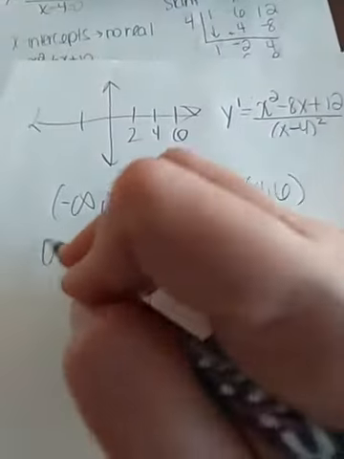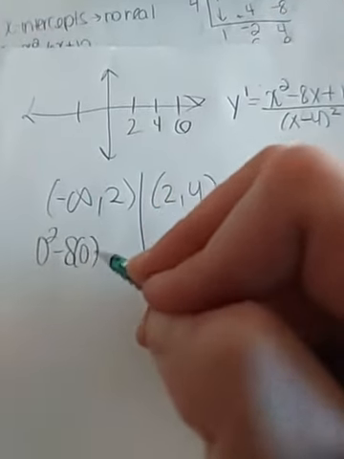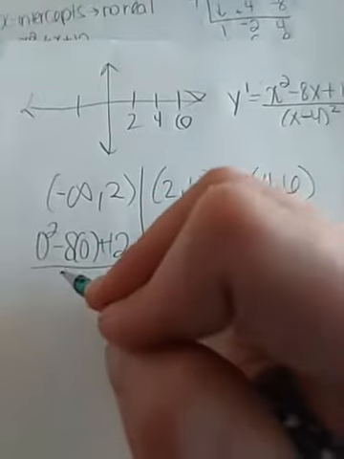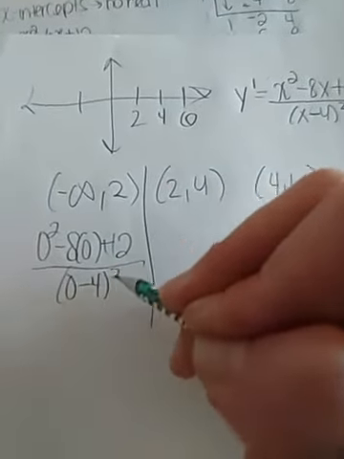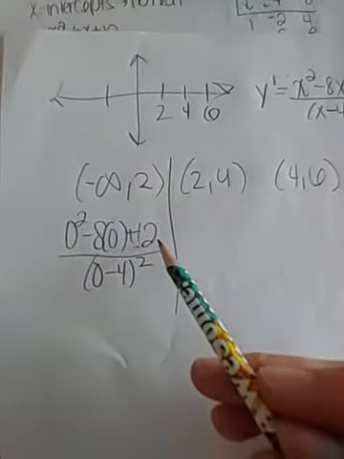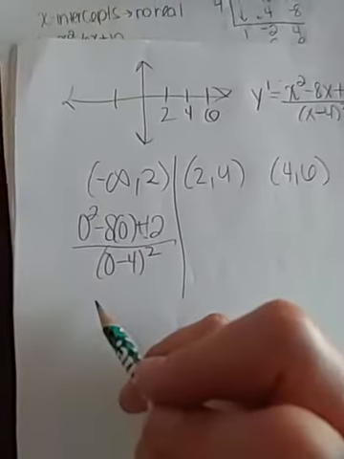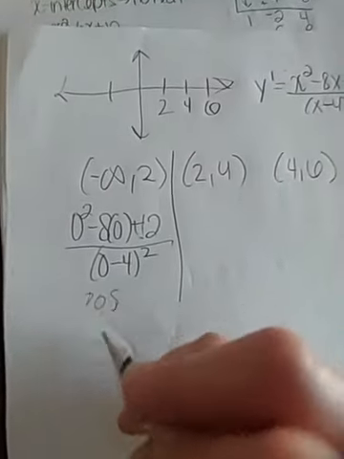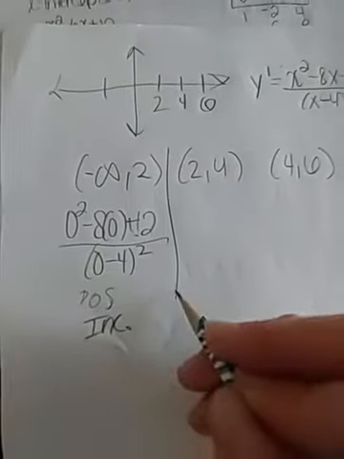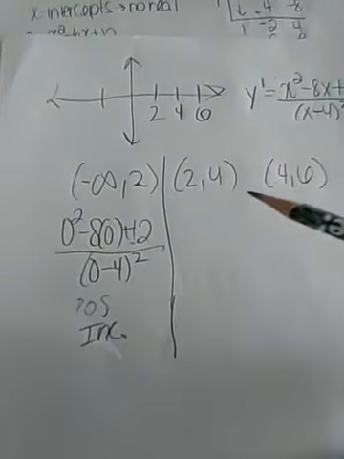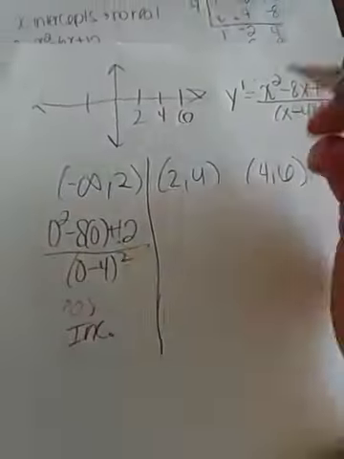I'll pick 0 here. 0 squared minus 8 times 0 plus 12 over 0 minus 4 squared. Positive over positive is positive, which means that this section of the graph is increasing. Okay, now remember 2 was one of my critical values, so this is where I'm going to look to see if I have a relative minimum or maximum.